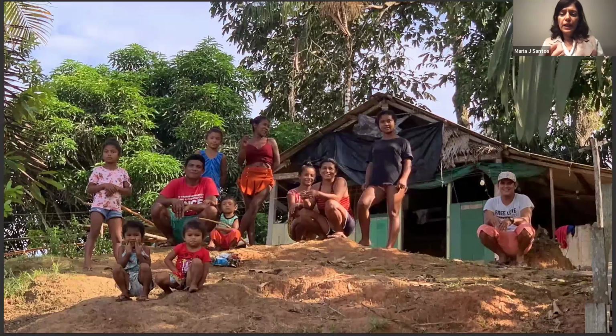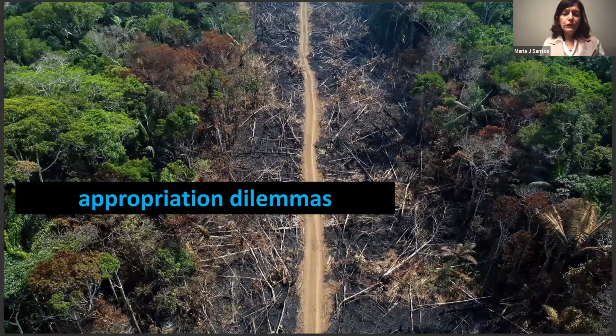In order to understand the social ecological dynamics, we need to understand the processes of the people that live in the Amazon and the people that live outside the Amazon that lead to different types of dynamics. Next, please. Part of them are dynamics that relate to dealing with appropriation problems: how much do we take out of the forest and who benefits from those?